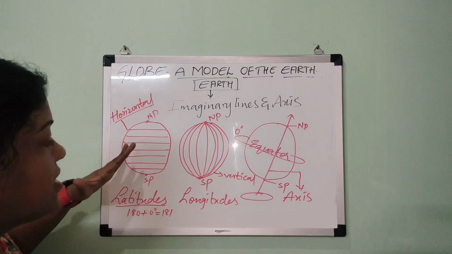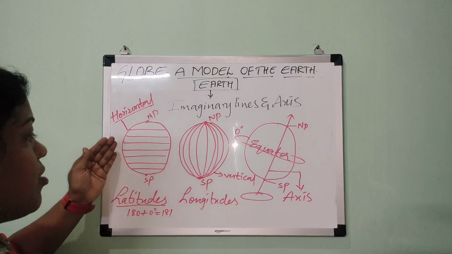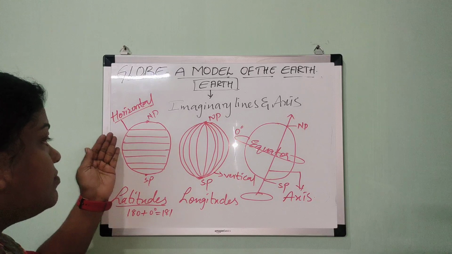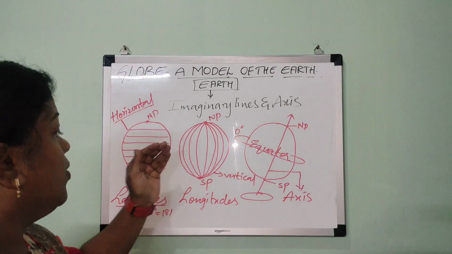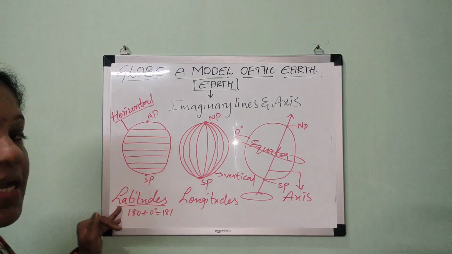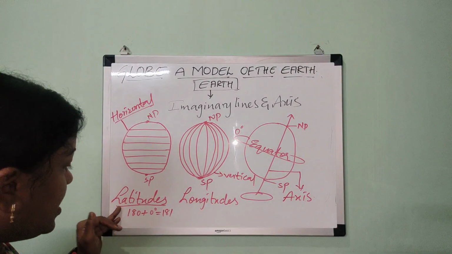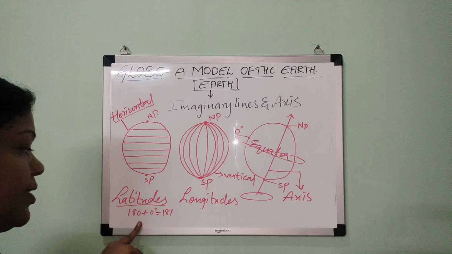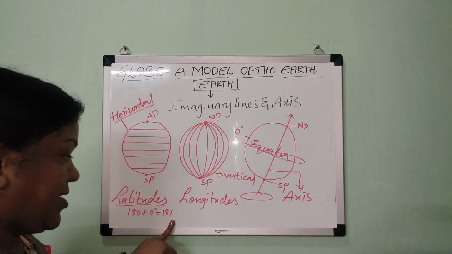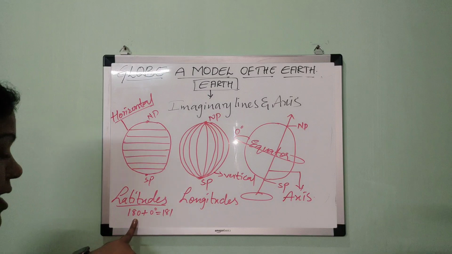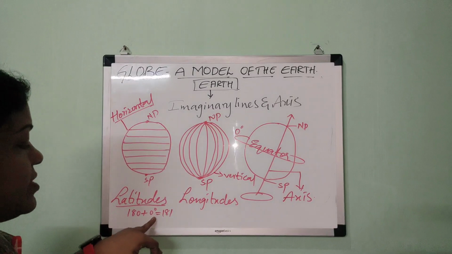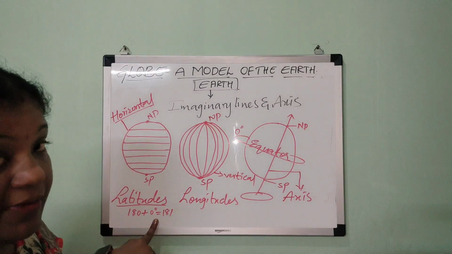The horizontal lines which pass from west to east of the earth or globe can be defined as latitudes. These are totally 181 latitudes. How? Totally the latitudes are 180, including our 0 degree latitude, the equator.